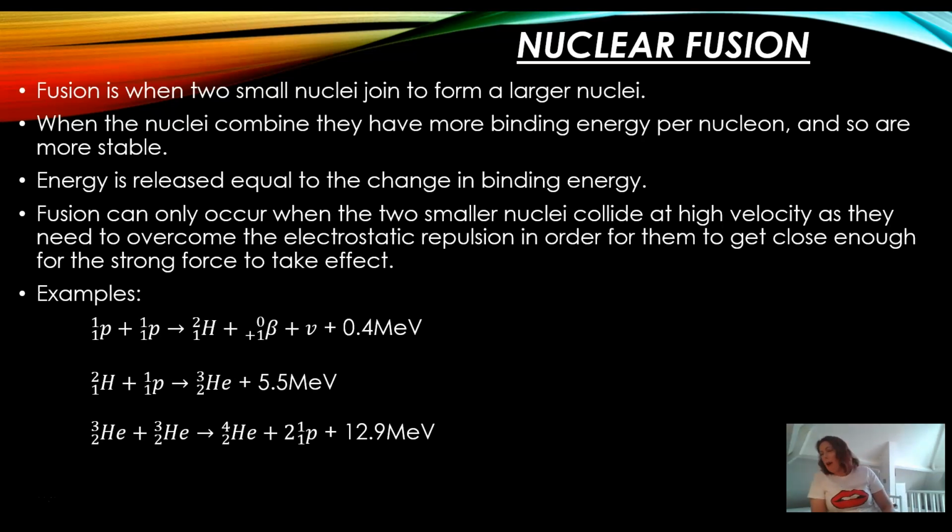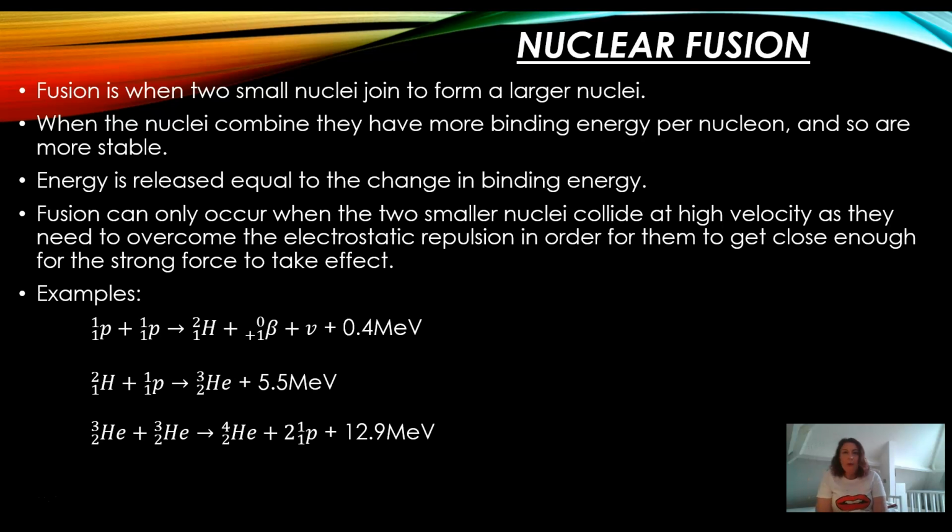If you remember, fission is 200 mega electron volts. So if you get asked a question which produces more energy per event, fission events produce more energy than fusion. One's about 24, one's about 200, so almost 10 times more.